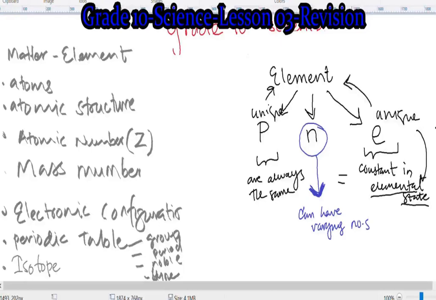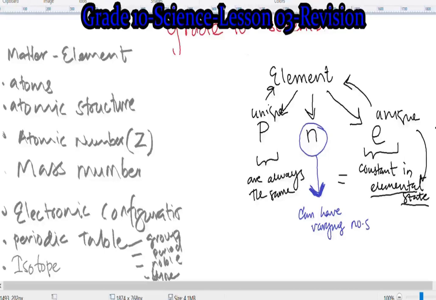Like I cannot have something that you have, because we are all unique, like fingerprints. I have a different fingerprint, you have a different fingerprint, all right. But neutrons can vary.